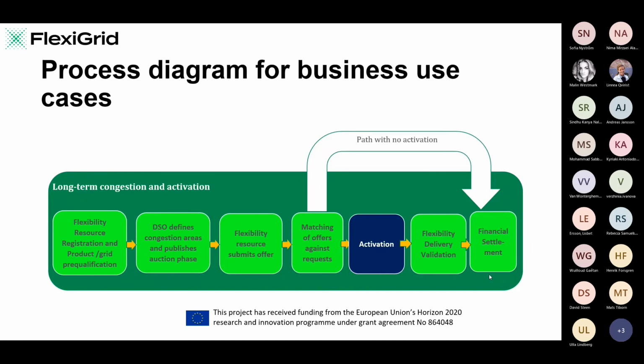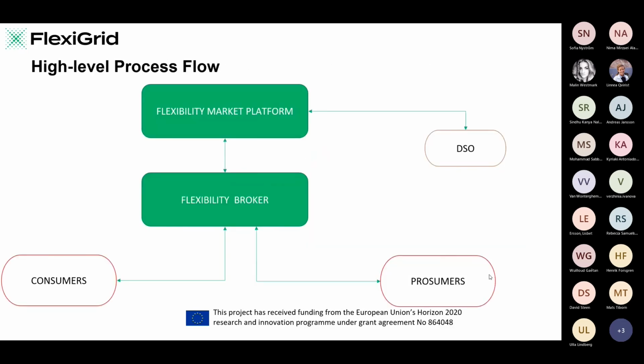So that is the process diagram for the market. This is only an example. Let's say that I can be either a consumer or prosumer.